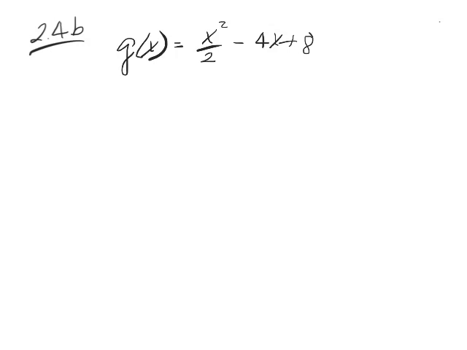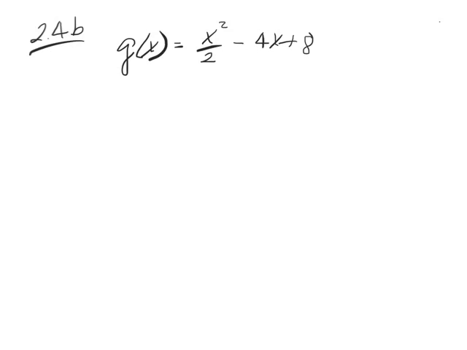In order to do that, we need to make sure that this part right here is just an x squared. So really, this is x squared over 2. We could actually write this as 1/2 x squared.